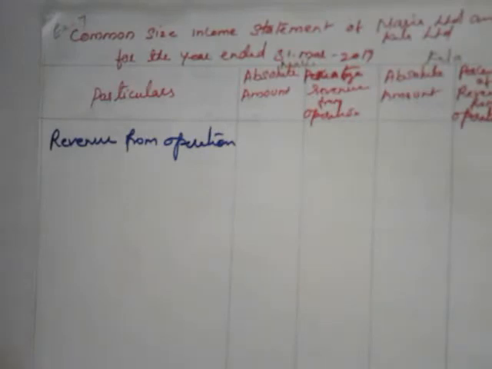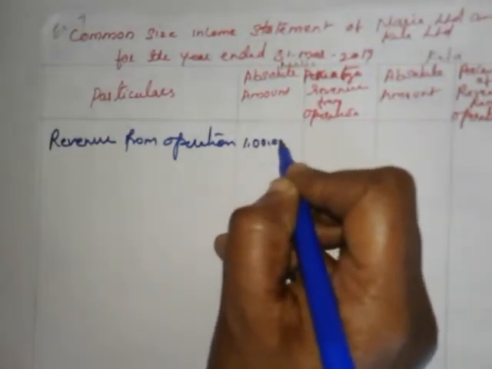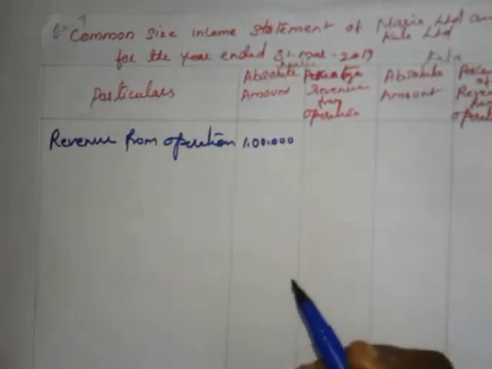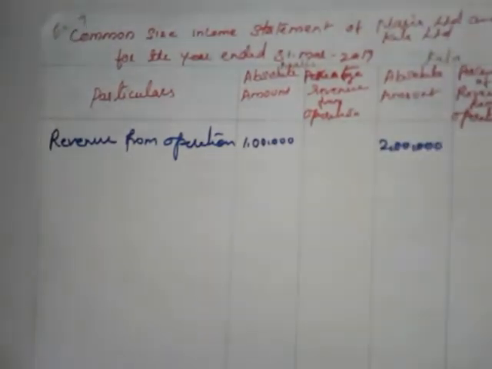The amounts are 1 lakh and 2 lakh. You have to write these in the absolute amount column, not anywhere else.